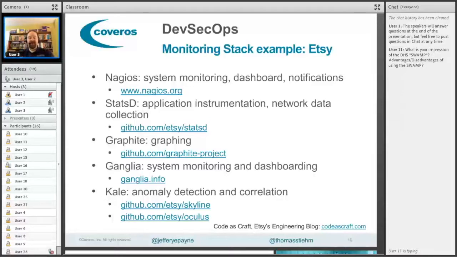And then they use an open source tool that they also created called Kale for anomaly detection and correlation, which is looking at users' behavior, deciding if they're doing something unusual that might be something we don't want them to do, and then reacting to that and notifying someone, turning off their session, anything in there.